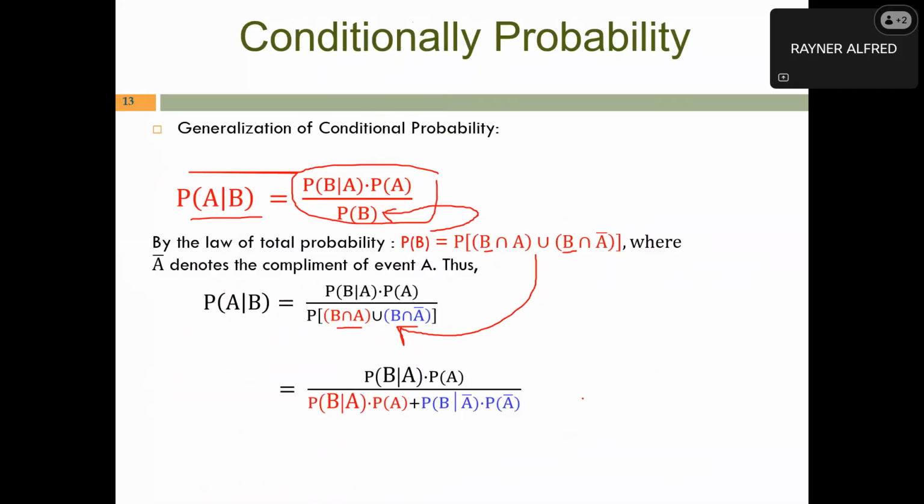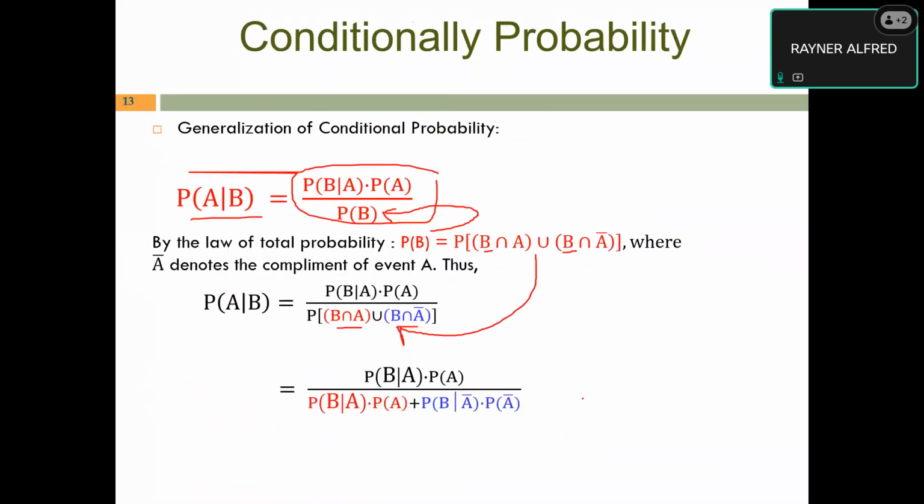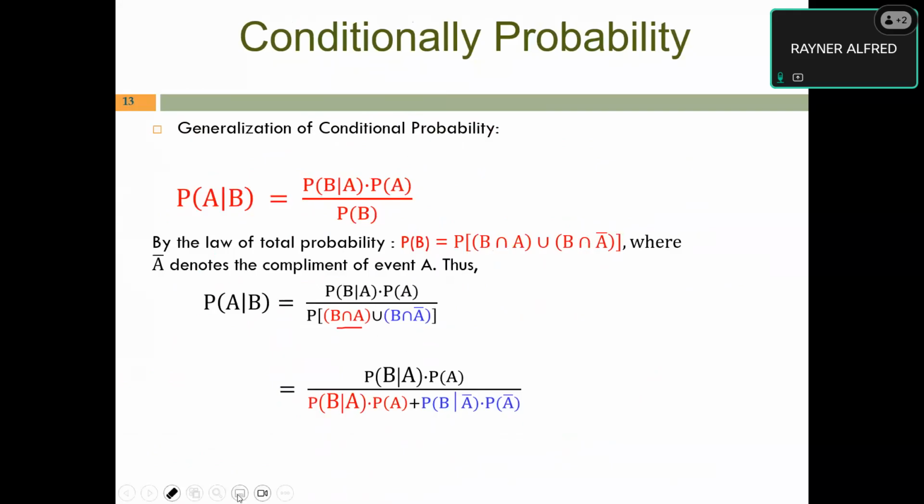So how do we apply this one in the real world data set? We look at this condition. Let me erase this. So this is the formula that we'll be using, the conditional probability.